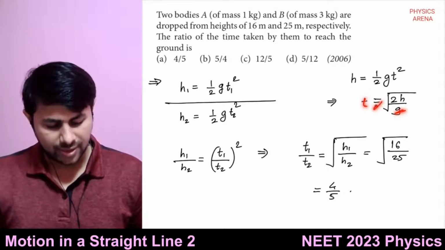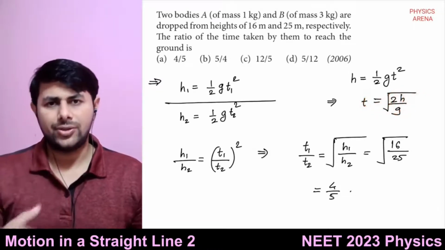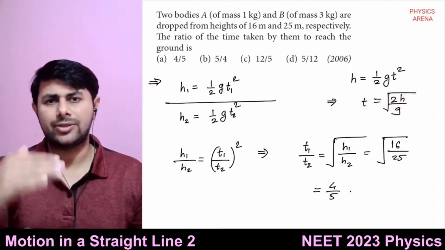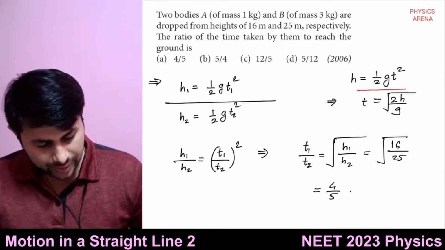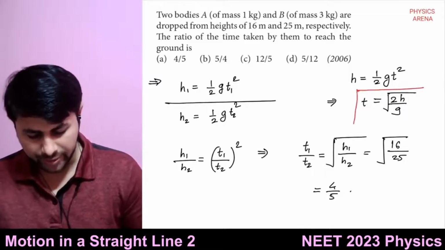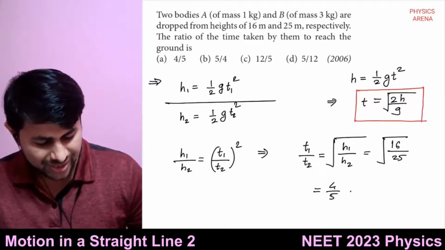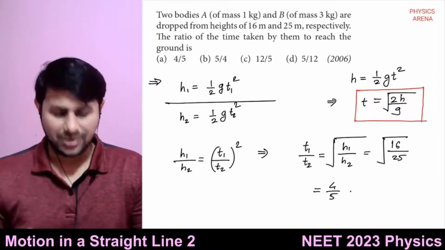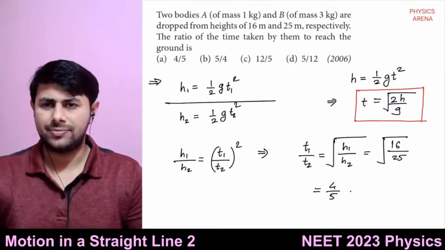So t is directly proportional to square root of h, and if you take the ratio, t1 by t2 will be just equal to square root of h1 by h2. So please remember the formula. This is a very handy formula to memorize, but even if you don't remember, you can solve this very easily.